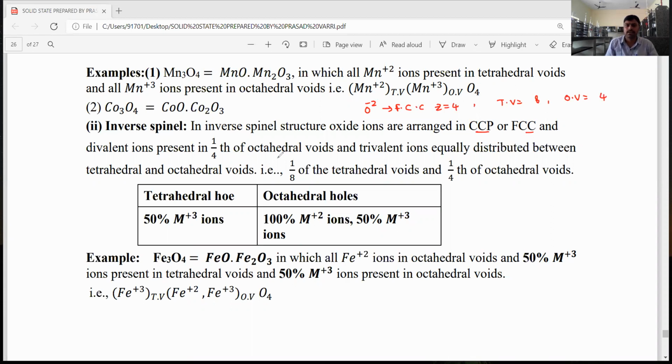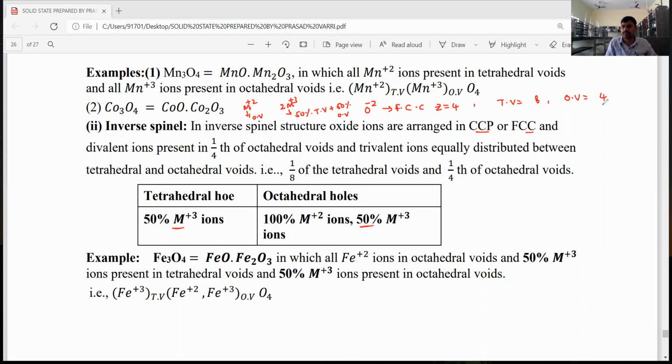But here M+2 and 2 M+3. The M+2 ions are all present in octahedral voids, and the M+3 ions are 50% in tetrahedral voids and 50% in octahedral voids.